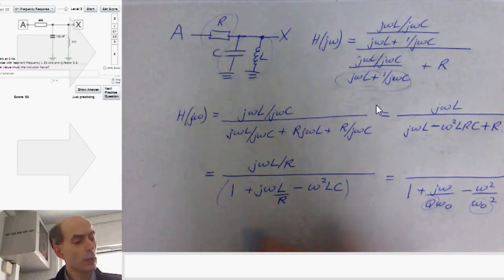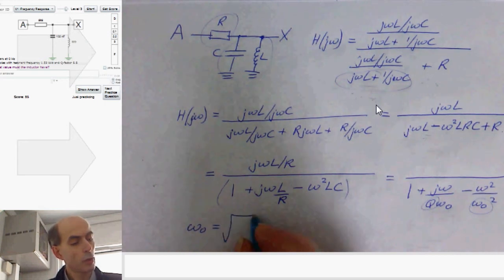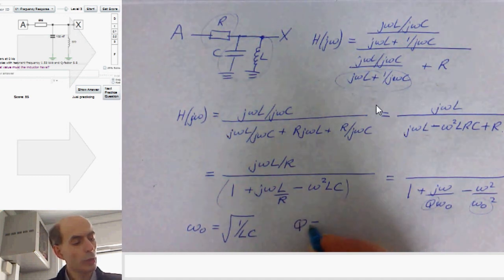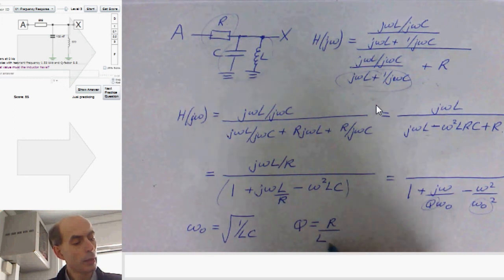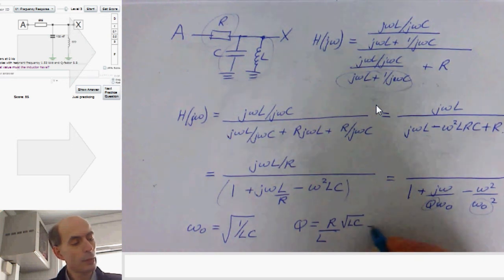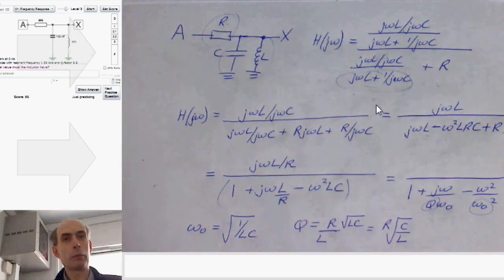We can see in this case that omega naught must be the square root of 1 over LC, and Q is once again R over L divided by omega naught, which would be multiplied by the square root of L over C, which is R times the square root of C over L. Same formula that we've seen before.